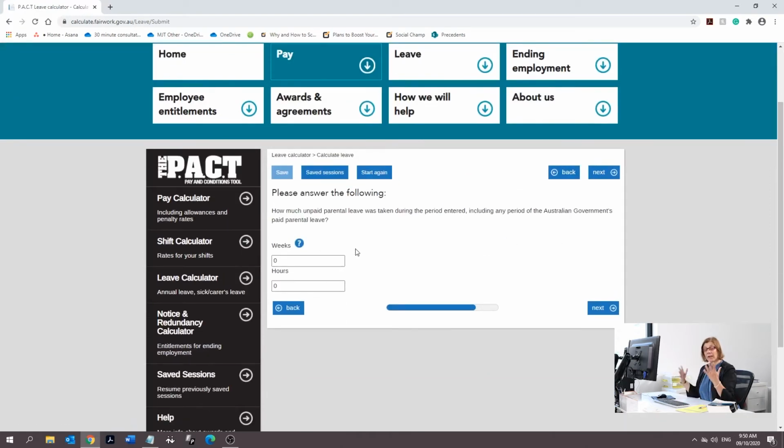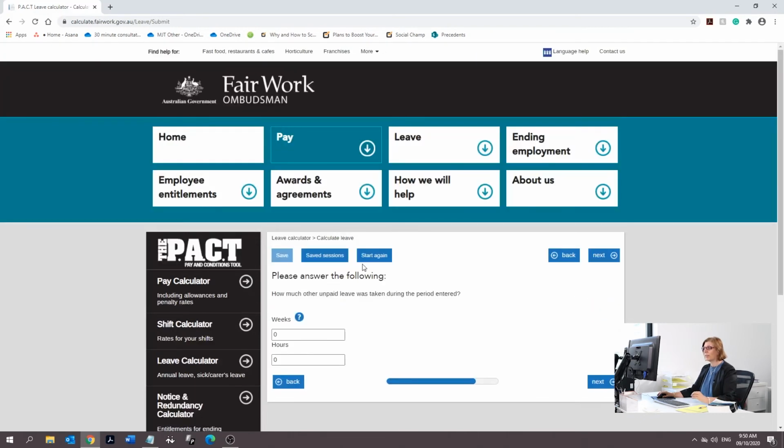Okay, and now we've got to answer some really important questions about whether you've taken unpaid leave. With some unpaid leave, you don't accumulate annual leave during that time. For instance, if you take unpaid parental leave, you're not accumulating your annual leave during that time. We're just going to go 0 hours. I'm going to keep this simple, but certainly if you have taken some unpaid parental leave, you really need to put that in because that'll change the calculation.